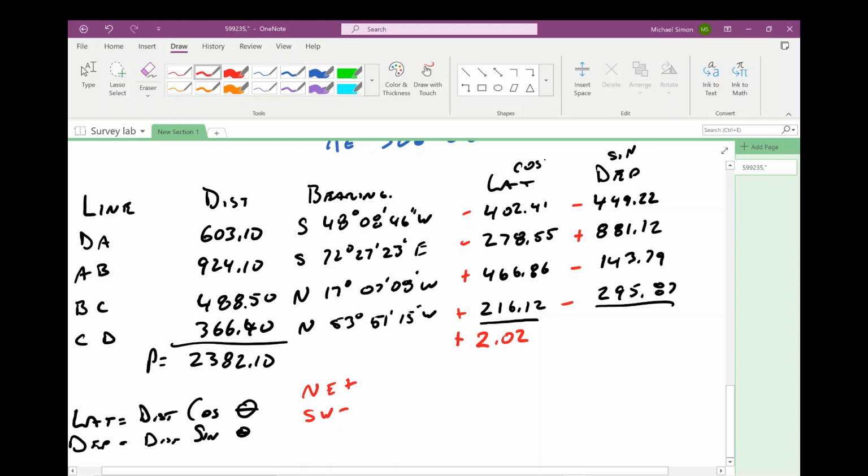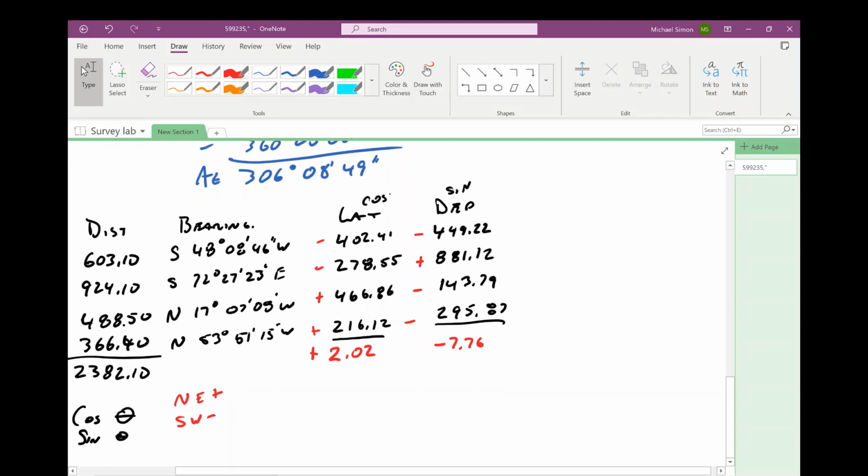And then, I'm sorry, it's negative: negative 449.22 plus 881.12 minus 143.79 minus 295.87, negative 7.76. Okay, that's my latitudes and departures.